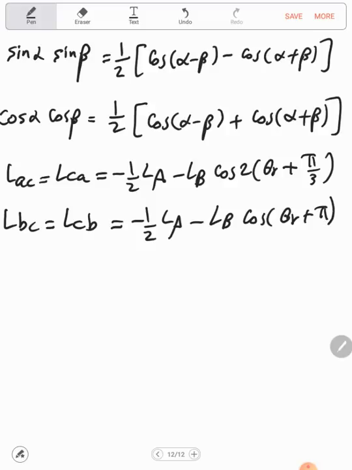So this will finish the self-inductance of the stator for the salient pole synchronous machine.